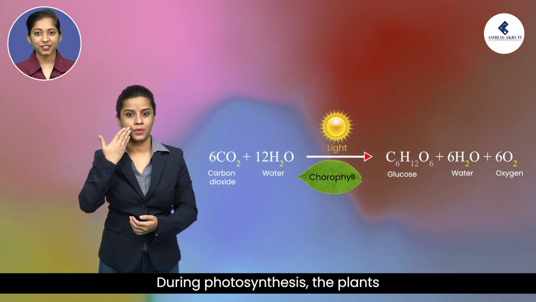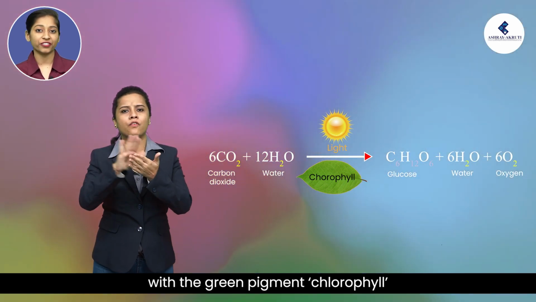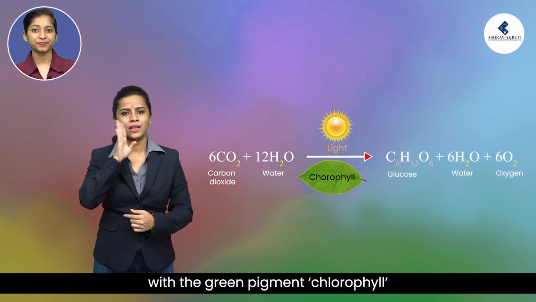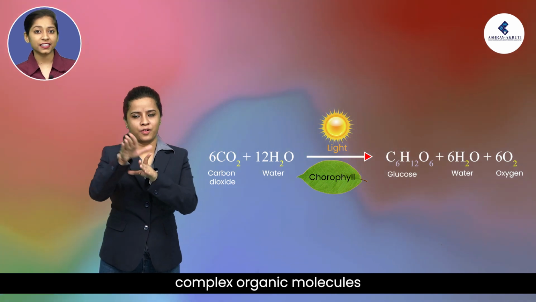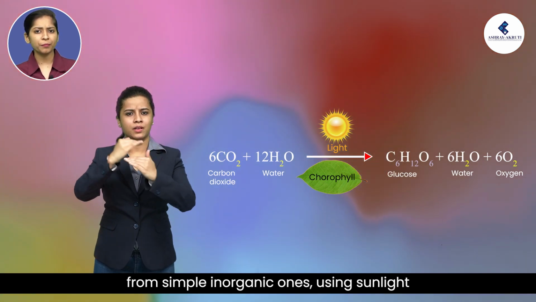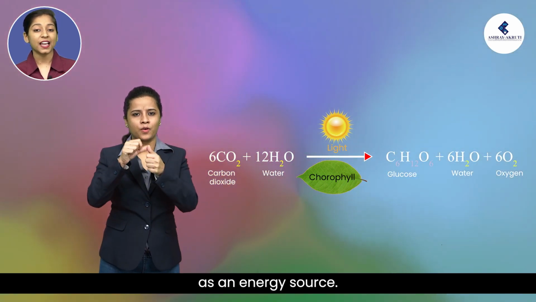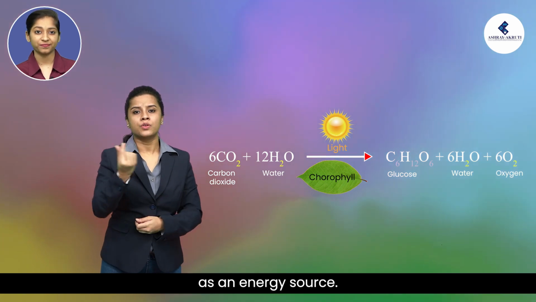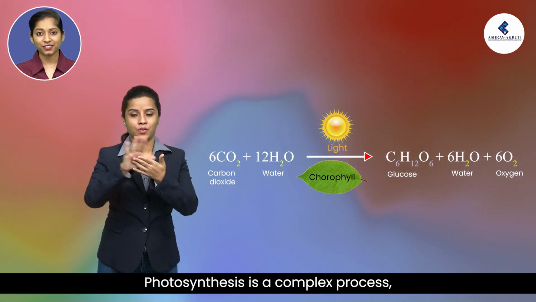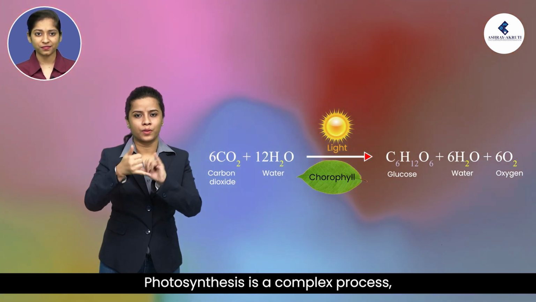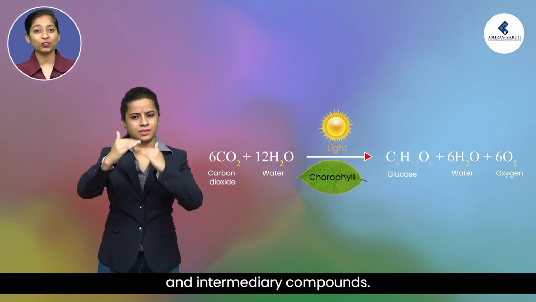During photosynthesis, the plants with the green pigment, chlorophyll, build up complex organic molecules from simple inorganic ones, using sunlight as an energy source. Photosynthesis is a complex process, including several steps and intermediary components.